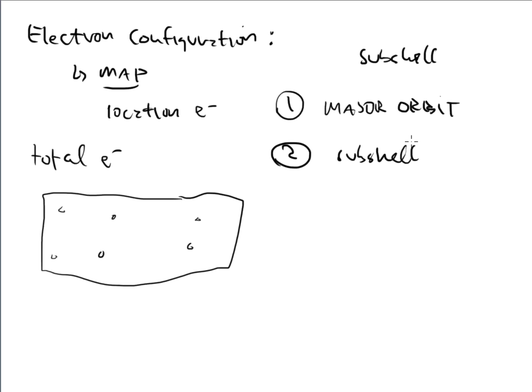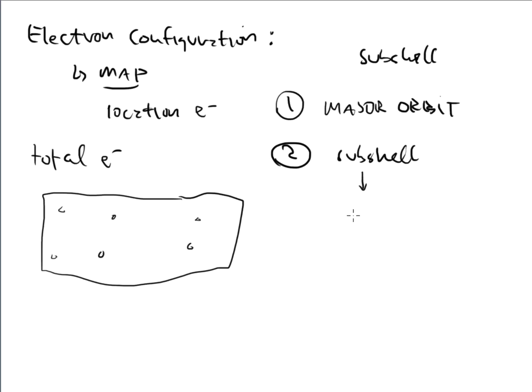These subshells sometimes are called atomic orbits or orbitals, but if we're using the term major orbit, I think major orbit and atomic orbits will get you confused if we're not careful. Out of these subshells or atomic orbits, we will see different types of roads.